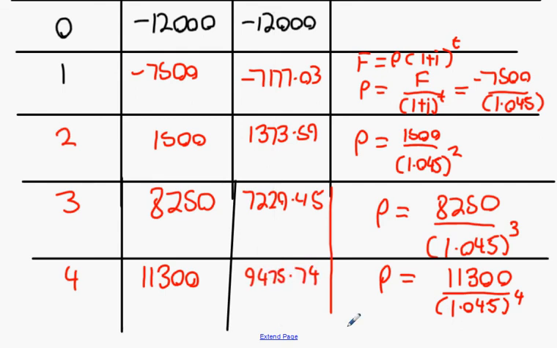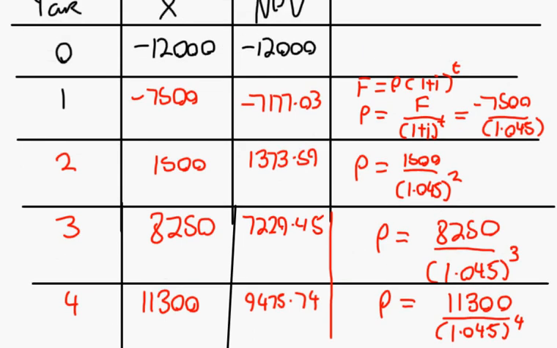Okay. Now, to sum up whether this is a worthwhile investment or not, here's what we do. Investing €12,000 right now is losing €12,000. Losing €7,500 in a year's time is the same thing as losing 7,177.03 right now. Gaining €1,500 in 2 years' time is the same thing as gaining 1,373.59 right now.